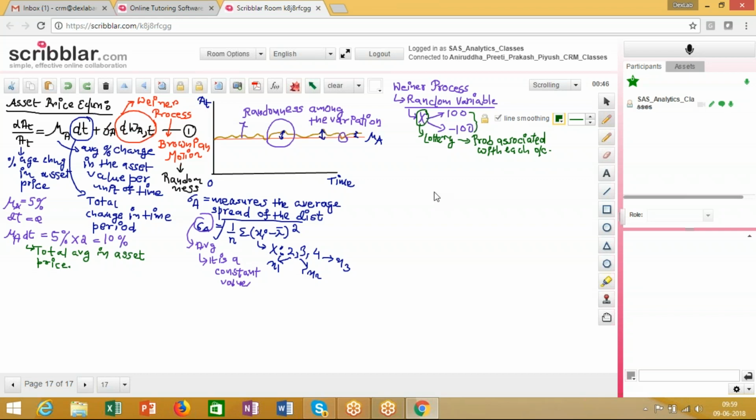Say I have a variable x which belongs to minus infinity to plus infinity. So it can take any possible outcome between minus infinity and plus infinity, any possible outcomes.